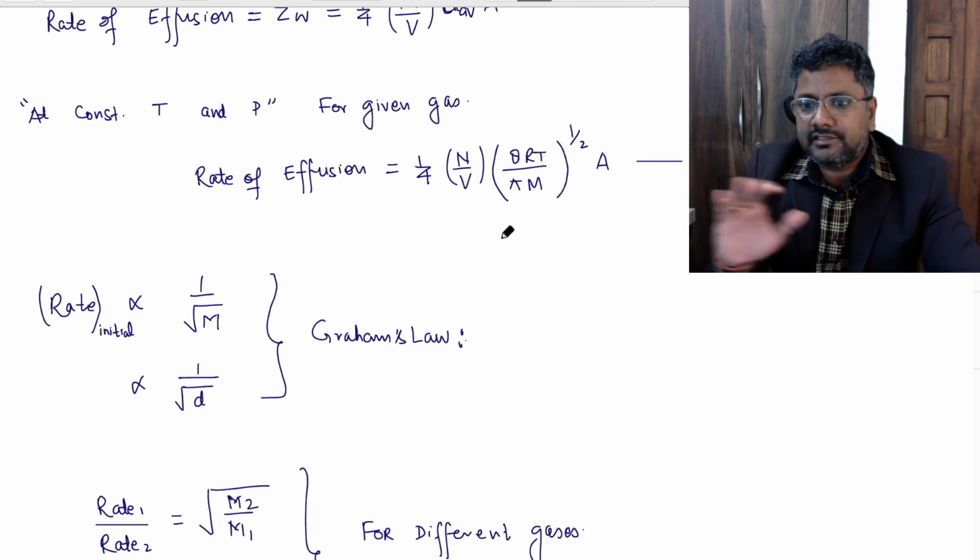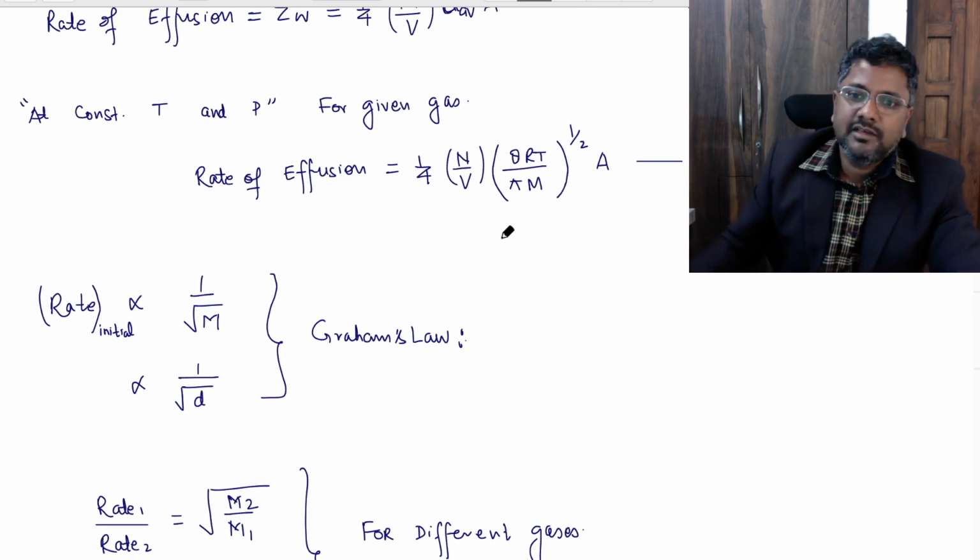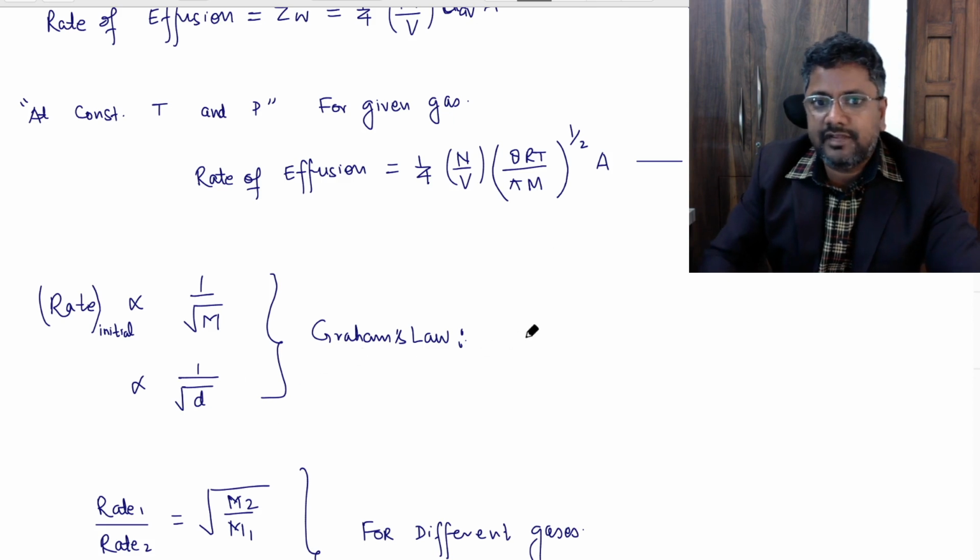The rate of effusion, or initial rate of effusion, is inversely proportional to the square root of molar mass, right? Or square root of density.